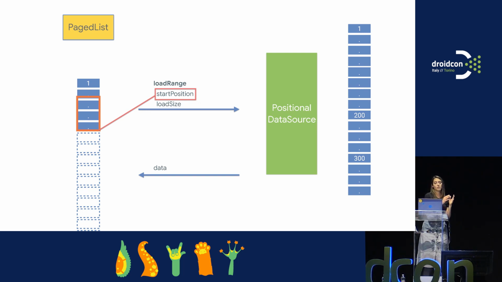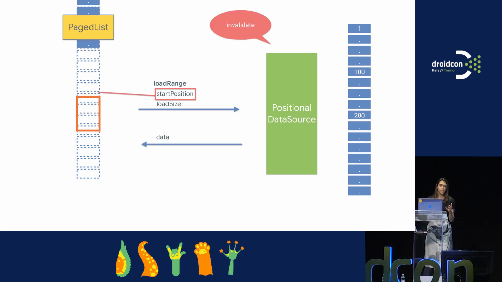So then the load range method is called. Here, we need to pass the start position and the load size. The next set of data will be retrieved from the data source and then put in the page list. And then, because we have placeholders, it means that we can scroll lower past items that weren't loaded.